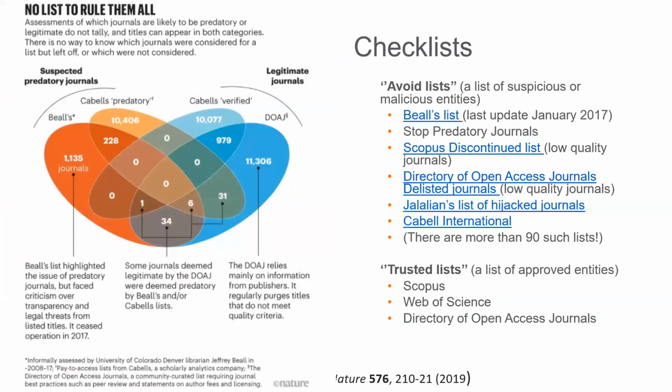This is a study that was also published in Nature, that found that there are more than 90 lists of predatory journals. So to be really sure, if you want to use a list, there are 90 lists that you can choose from. This makes it very difficult. Each of these lists has a different way of looking at what is predatory.